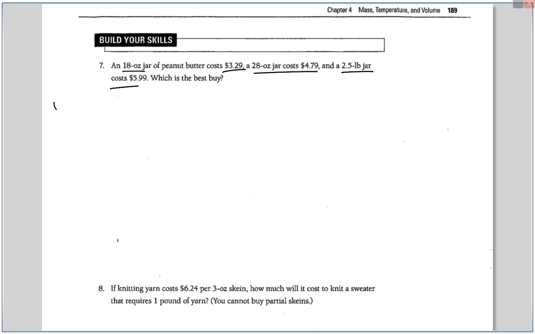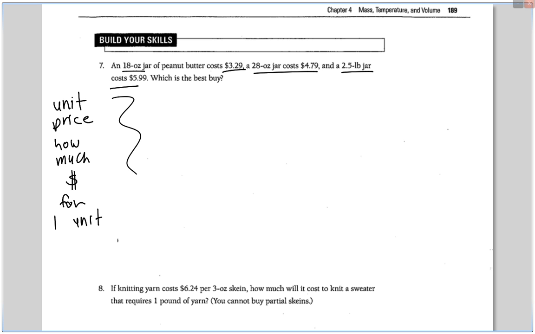Okay, so remember this is back to the start of the year. Unit price, so how much money for 1 unit. So it's always going to be the dollars dividing by the amount.